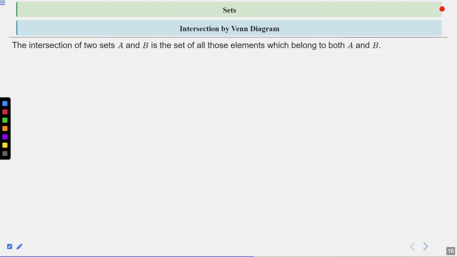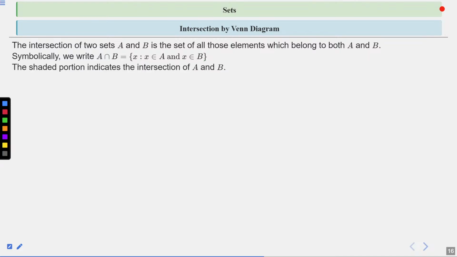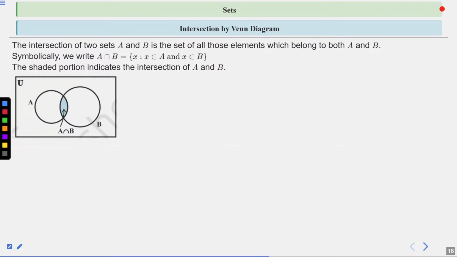The intersection of two sets A and B is the set of all those elements which belong to both A and B. Symbolically, A intersection B is simply the collection of all x belonging to A as well as to set B. The shaded portion in this Venn diagram indicates the intersection of A and B. If you observe here, this region is common to both circles A and B. So this common part shows the A intersection B region.